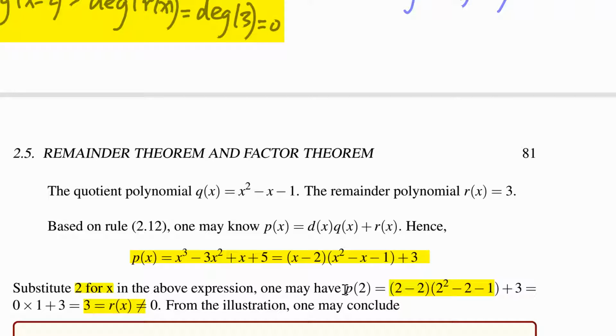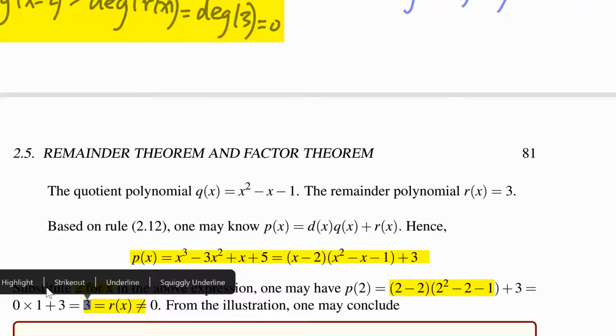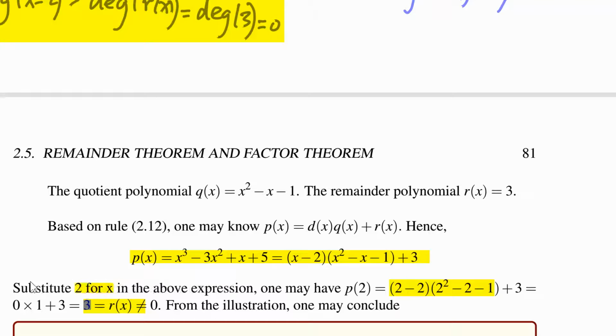Plug in P of 2, you will get the number 3, and the number 3 will be the remainder. So that basically tells us that without doing the division, we can actually find the remainder.